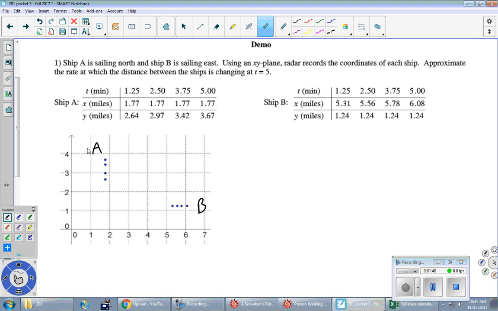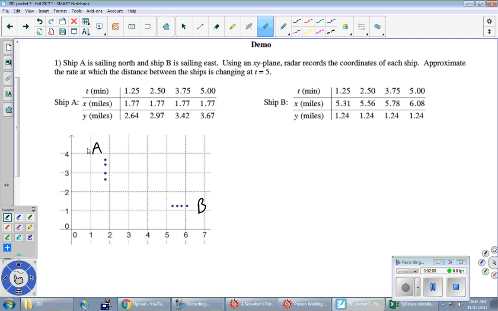All right, let's see if this picture makes sense to us. So ship A here has various moments in time: 1.25 minutes after we started this experiment, 2.5 minutes, 3.75 minutes, and 5 minutes. It says the x coordinate for the boat is 1.77 for all of these, and the y coordinates are the things that are changing.